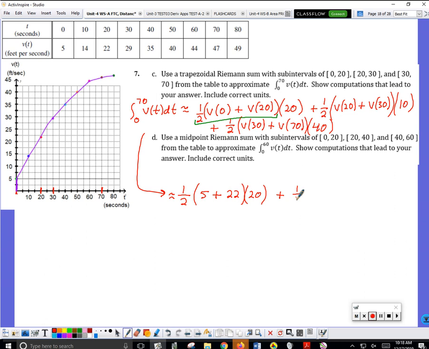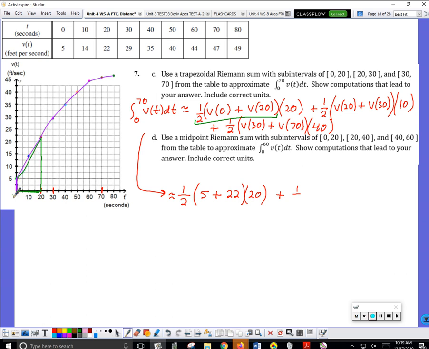Okay, questions about the trapezoidal so far? Okay, look up here again. When we try to illustrate what the trapezoidal Riemann sum looks like, you go to the first subinterval, you draw the line on the left, that's the velocity on the left. You also draw the velocity on the right, and then you connect them with a straight line.